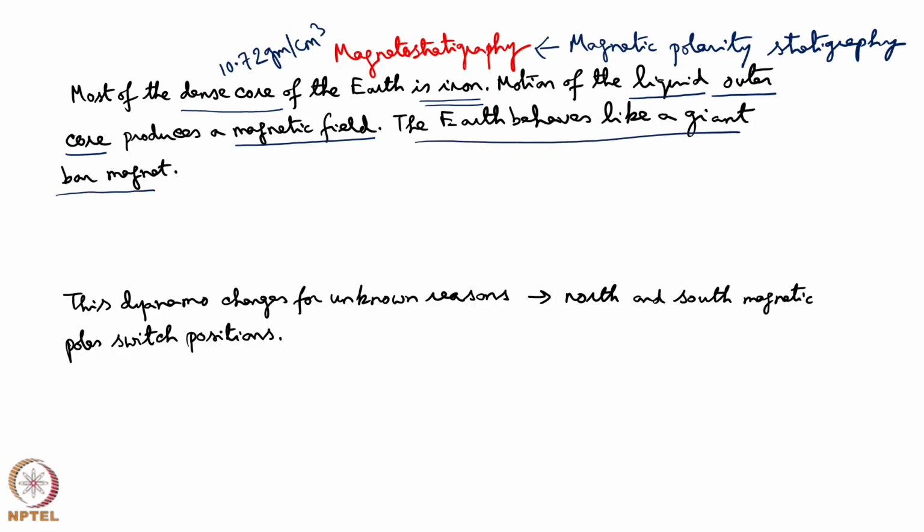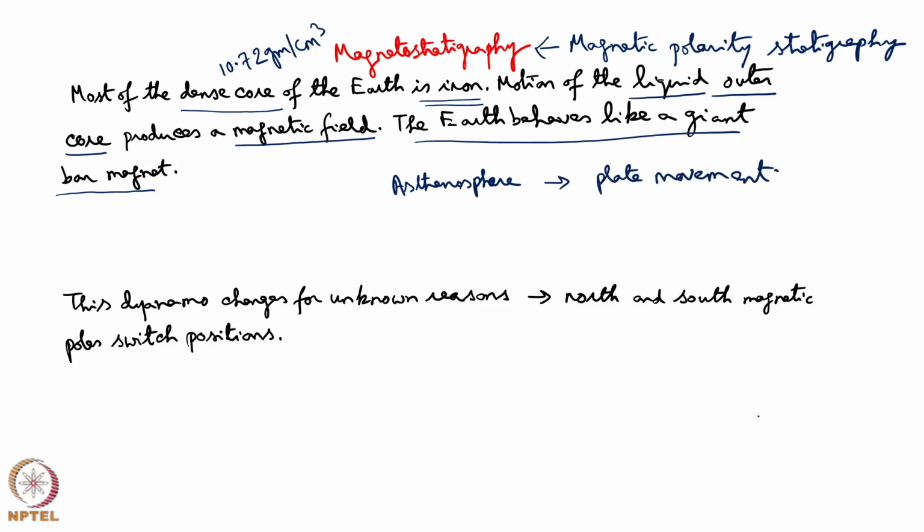Now, we have to understand that not only is the Earth's outer core fluid and moving, the asthenosphere of the Earth also is a fluid and it moves. The Earth's magnetism is not coming from asthenospheric movement, but rather from the outer core's movement. The asthenosphere, which is usually below 100 kilometer, its movement leads to plate movement.